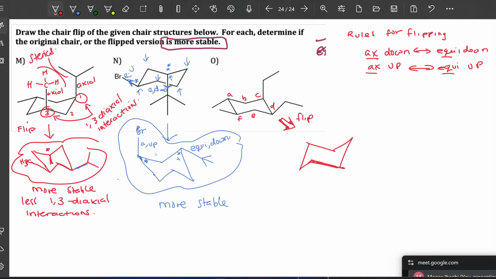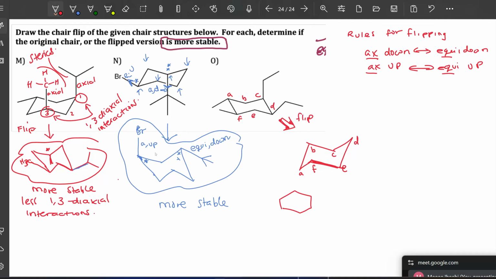Is the chair configuration just a cyclohexane? Yeah, that's how the cyclohexane is in nature. It's never 2D, it's always 3D. You make a cyclohexane, it naturally knows to make a chair. It will not stay like this.